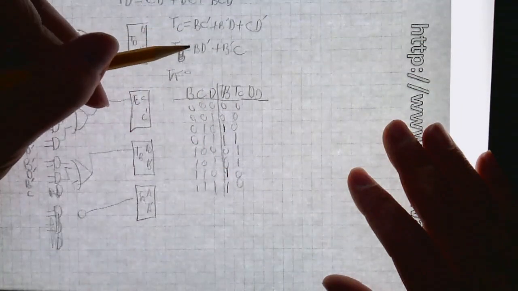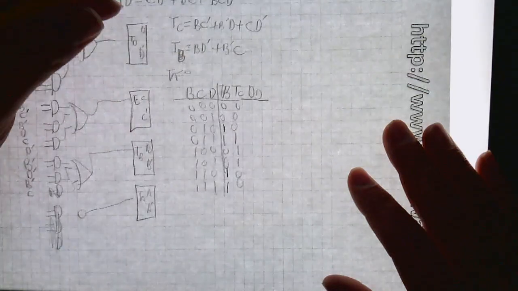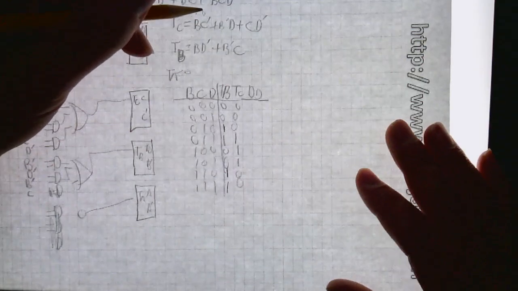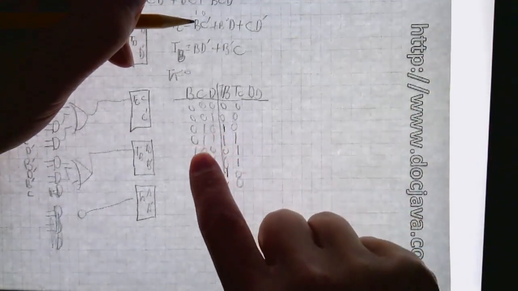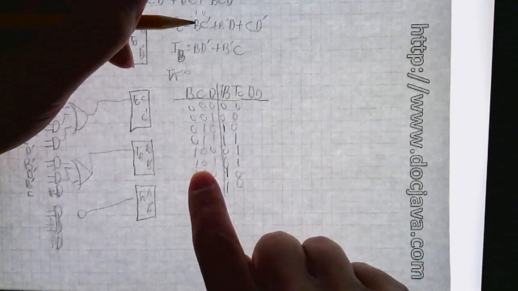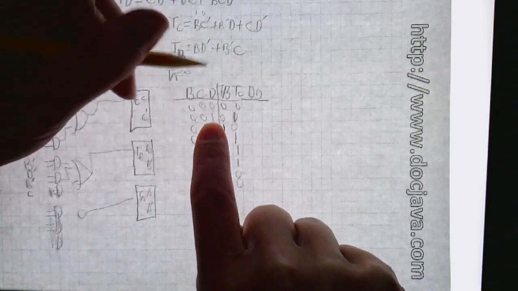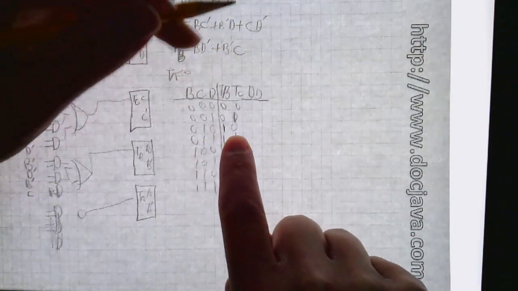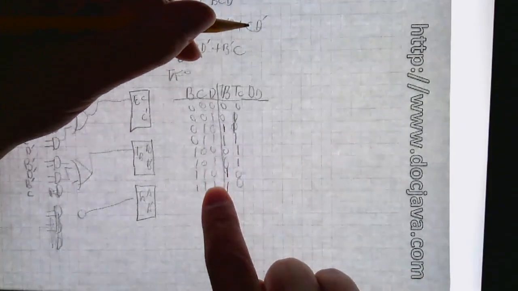Now let's do T sub B. Oh, did we get that wrong? I got 1, 0. So that's going to be a 1 and a 0. That's right. And that's right. Then I got 0 and a 1. 0, 1. That should be a 1. That should be a 1. And then I got 1, 0. So that should be a 1.